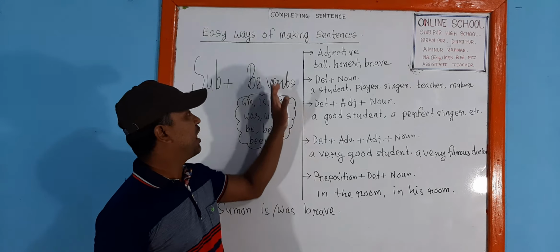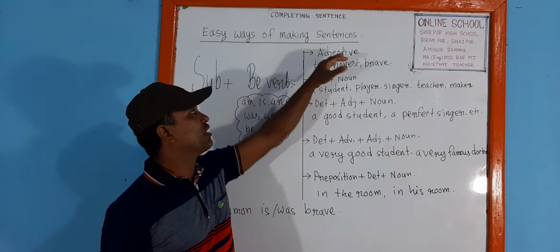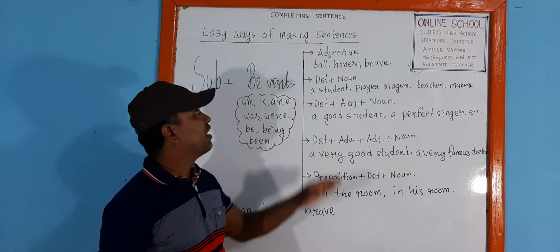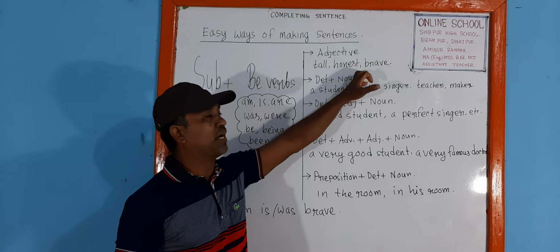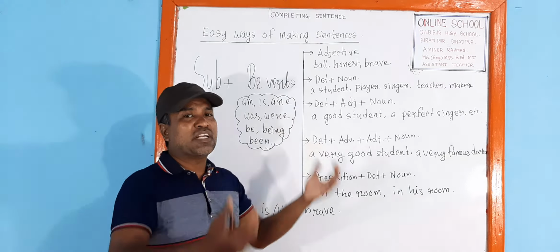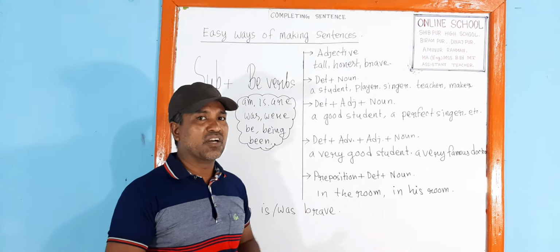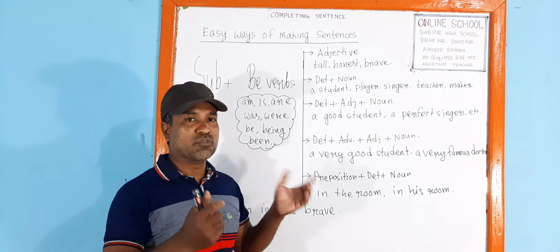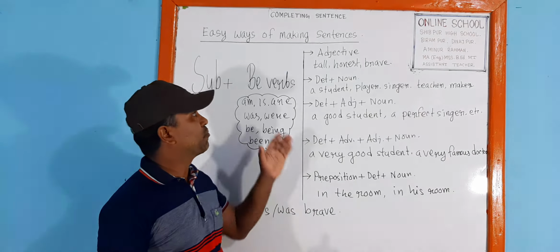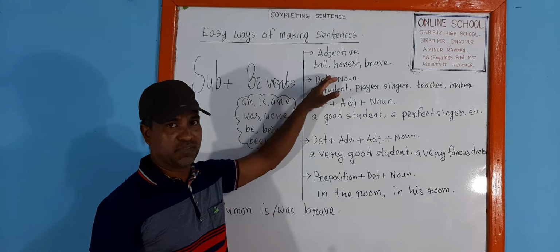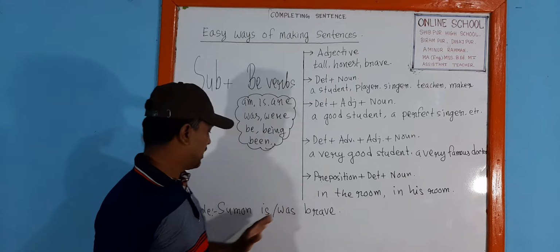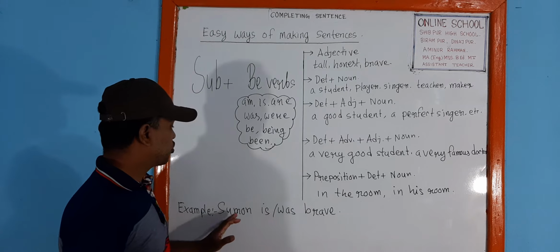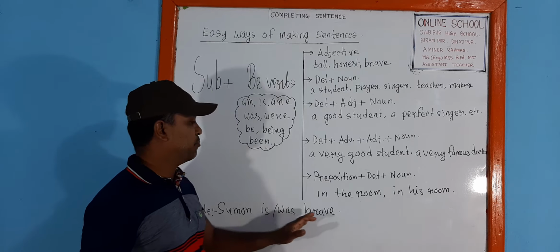Please look at this. After be verbs, we can use adjective, such as tall, honest, brave. So many adjectives are there in dictionaries. We can use any type of adjective after be verb. Now look at the sentence. Example: Shuman is or was brave.